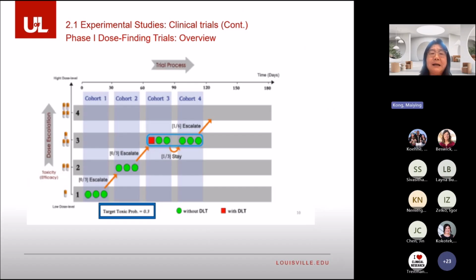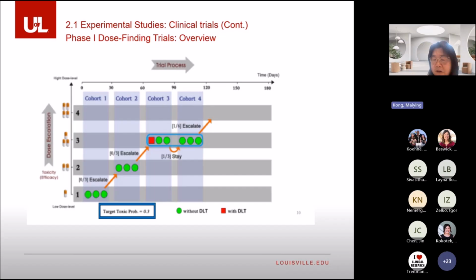Phase 1 is mainly for dose finding, to find the maximum tolerated dose. Safety is the primary endpoint. The traditional design is the 3+3 design. You think about the dose levels you would like to try, from lower to higher. You start with 3 patients. If the 3 patients have no toxicity, then this dose is safe, and you move up to the next dose level.